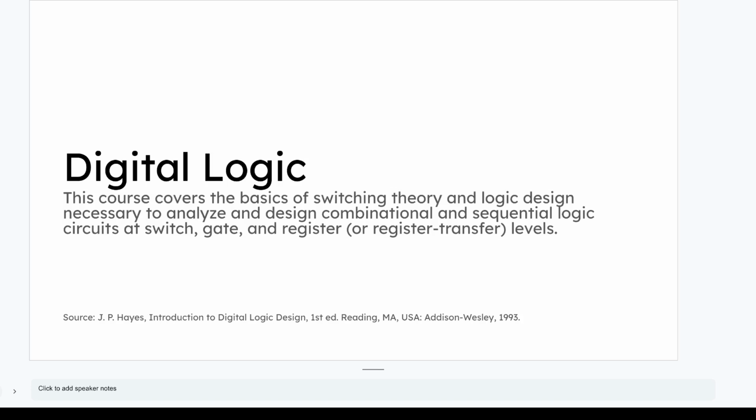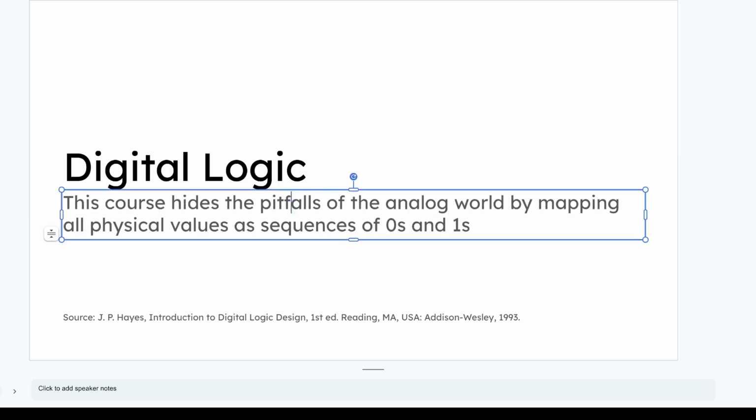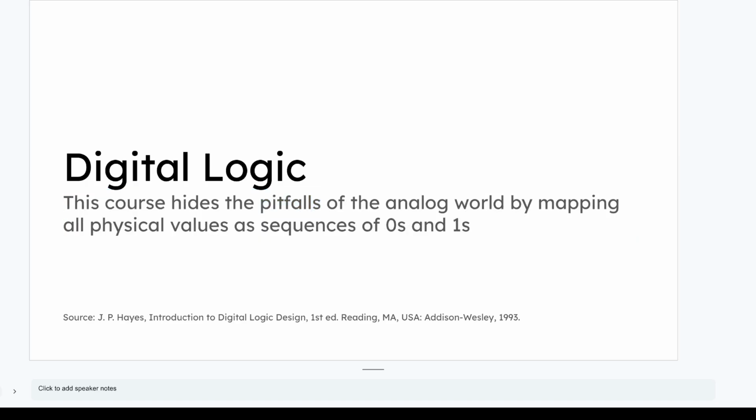If you talk about a digital system, one of the best known examples of digital systems around us that we are using in our daily life is our digital computing systems. These digital computing systems are built on top of whatever elements we study in this particular course. Now this course hides the pitfalls of the analog world because the analog world contains errors, right?